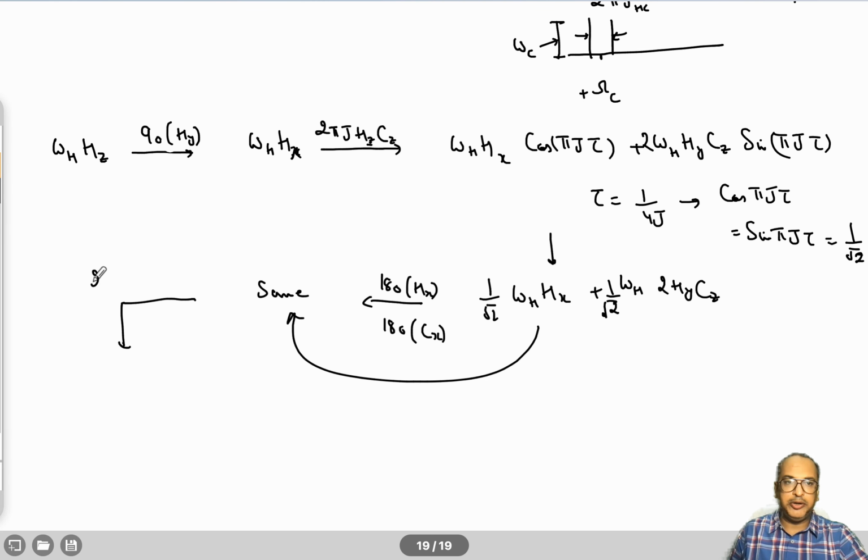Now I will apply 2 pi J Hc Cz again. So let us apply the scalar coupling Hamiltonian again on both these terms. So what do I get?